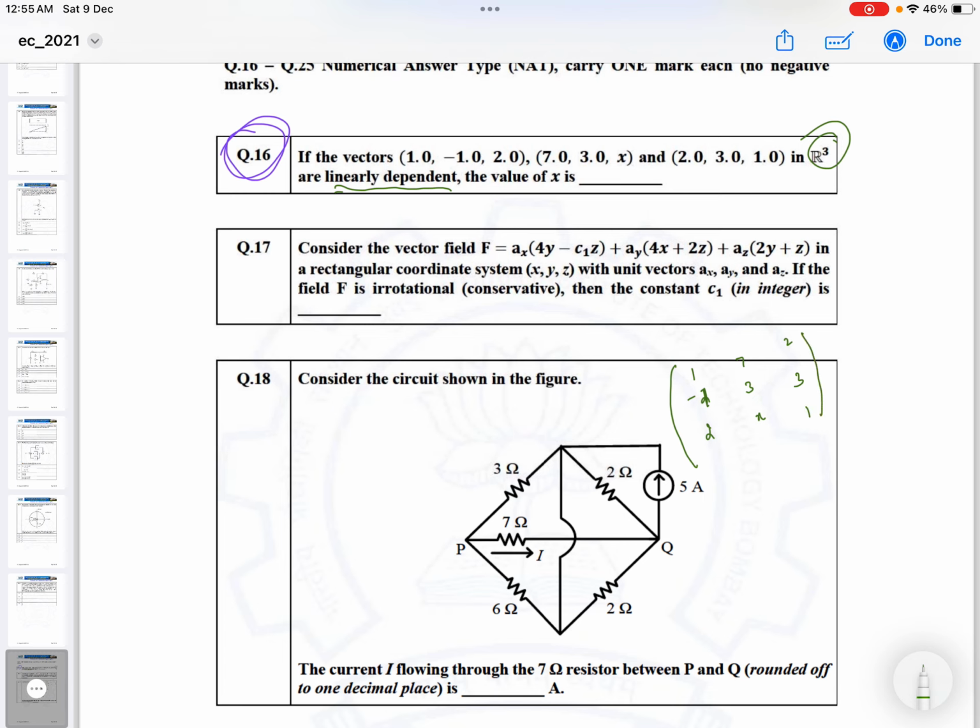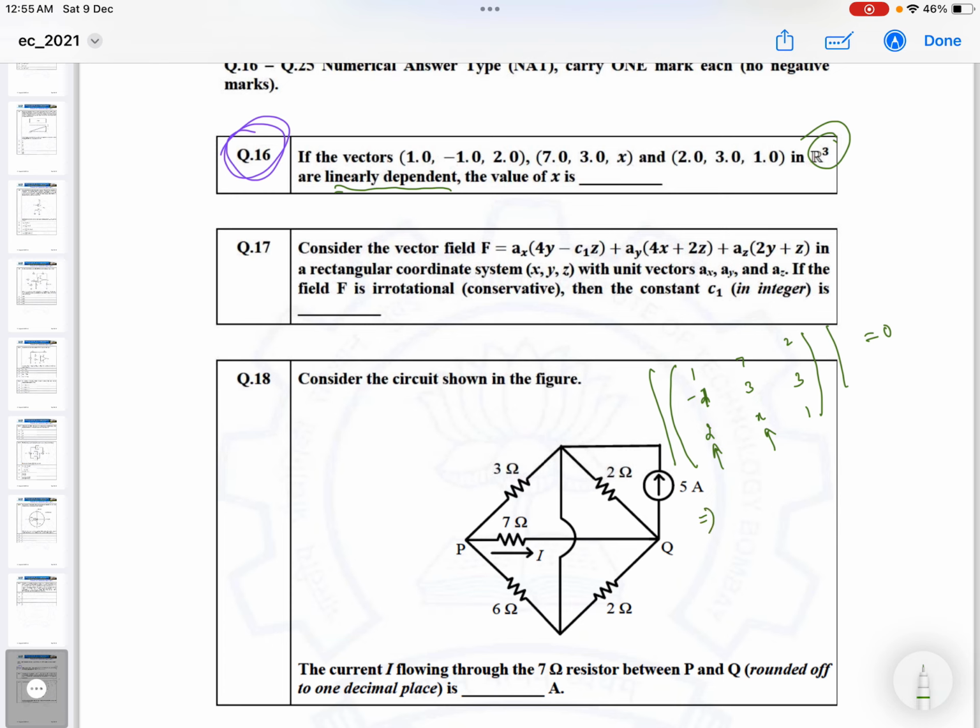And what we can say about this matrix is that it will be a singular matrix, or not an invertible matrix. You cannot have the inverse of this matrix because the columns are linearly dependent, and if you take the determinant of this matrix, it will give you determinant 0. So we can make use of that and find the value.